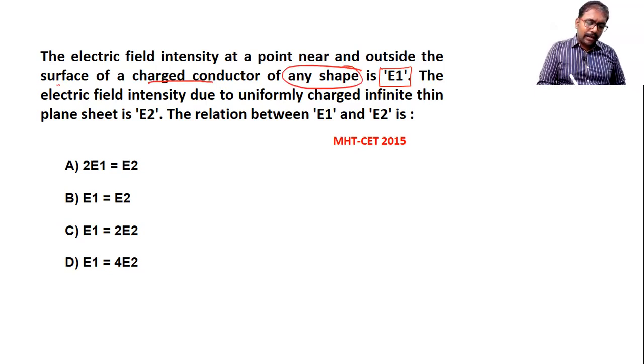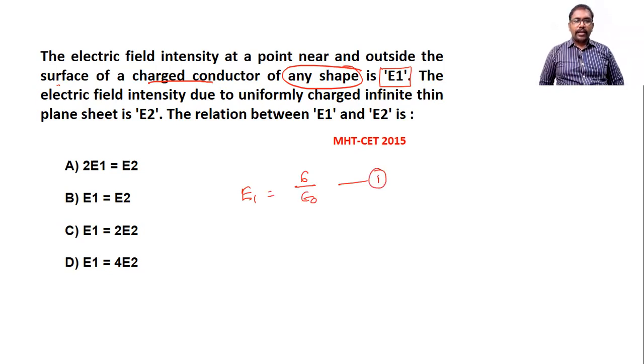When we are talking about a charged conductor of any shape, E1 is given by the formula sigma upon epsilon 0. This is the electric intensity near a charged body of any shape.